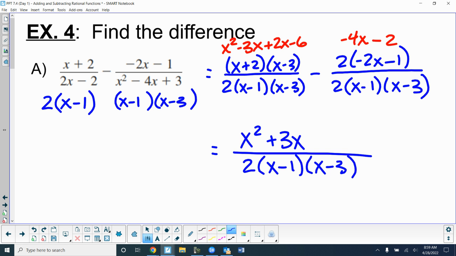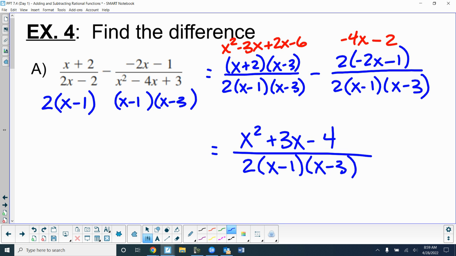What's negative 6 minus negative 2? So it's negative 6 plus 2, right? Because it's minus a negative 2. What's negative 6 plus 2? Negative 4.